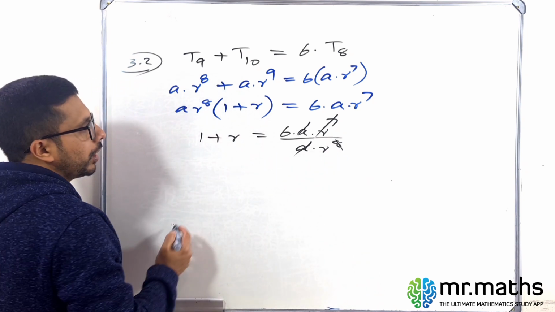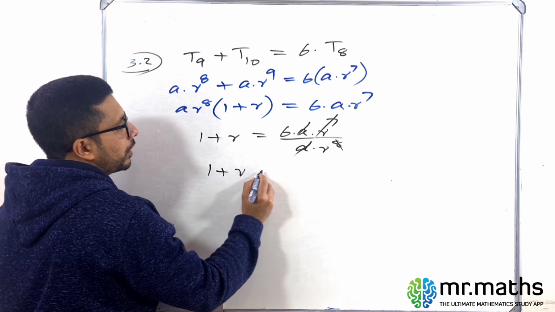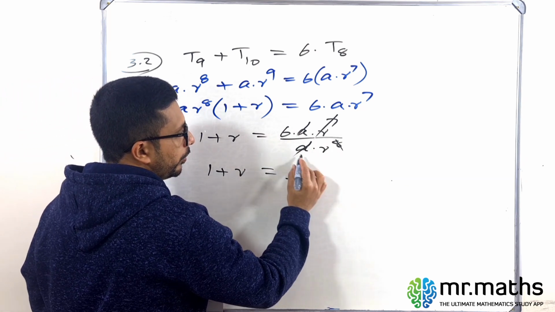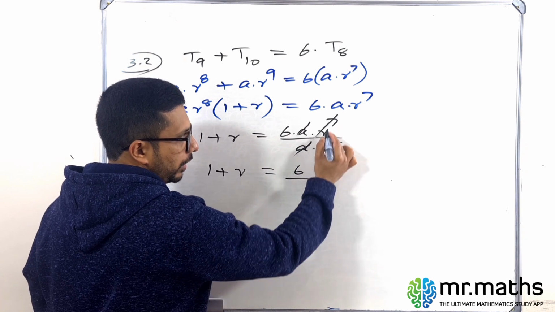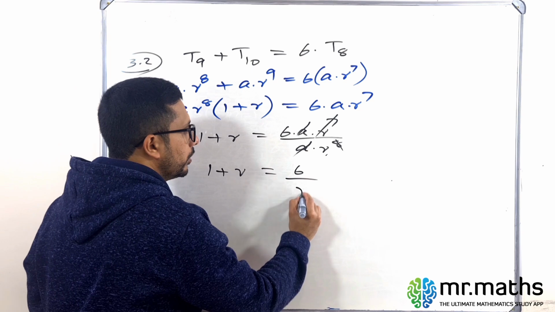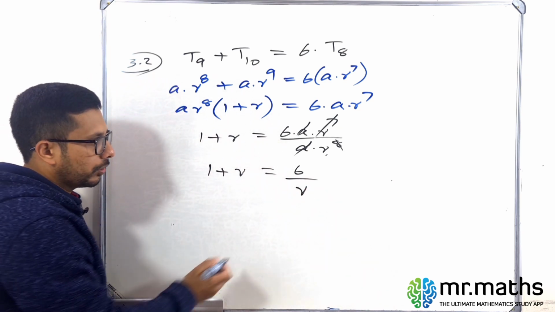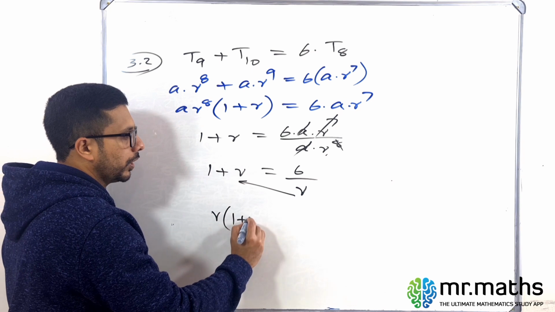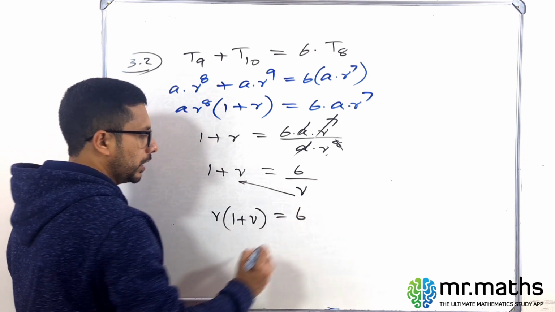Okay, so now 1 plus r is equal to numerator only 6, denominator only 1 r, r raised to 7, r raised to 8, so 1 r left there. So divide by r, cross multiply like this. Okay, so it is r times 1 plus r is equal to 6.